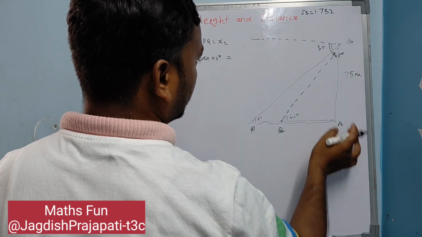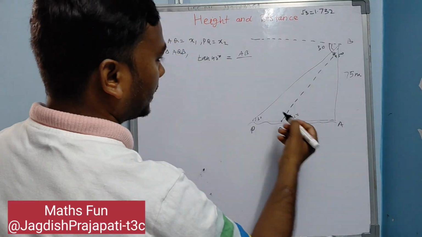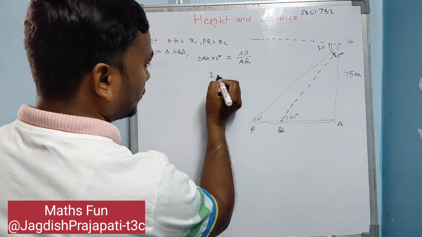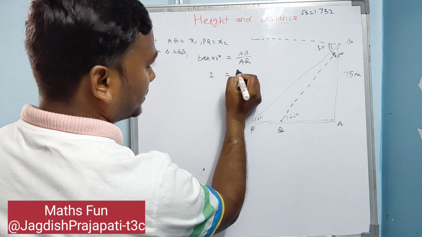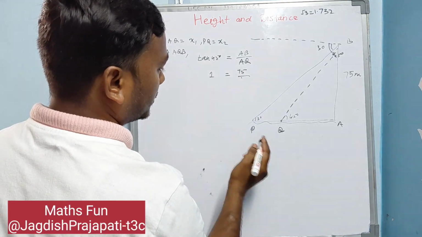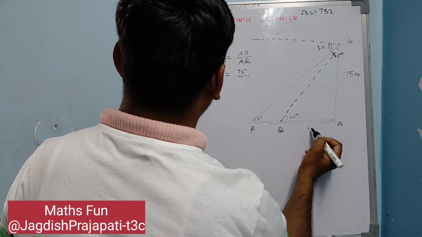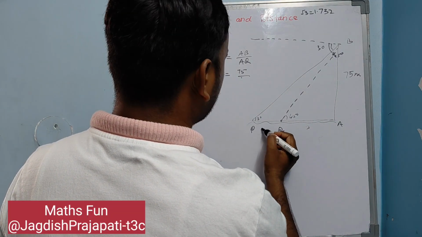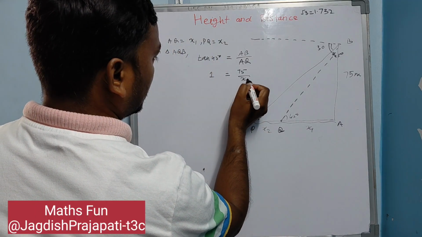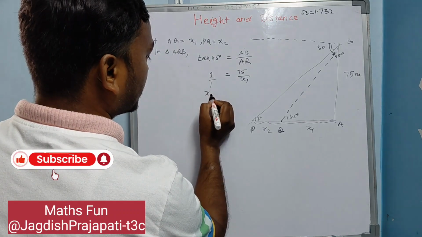Okay, write down this AB by AQ. Tan 45 is 1, AB is 75, and this is AQ. AQ we have supposed is x1, PQ is x2. So this is x1. So use the cross multiplication.